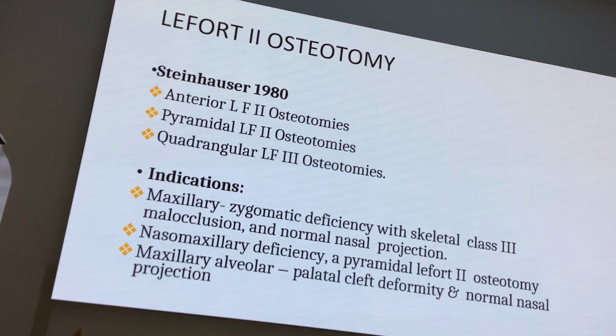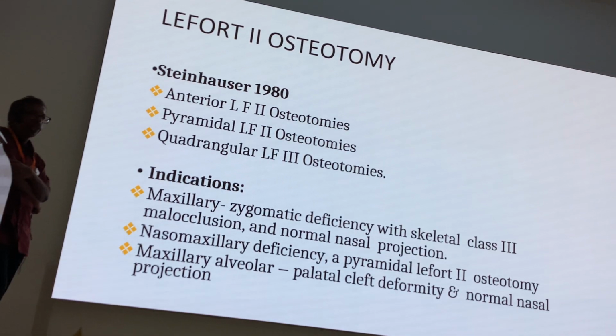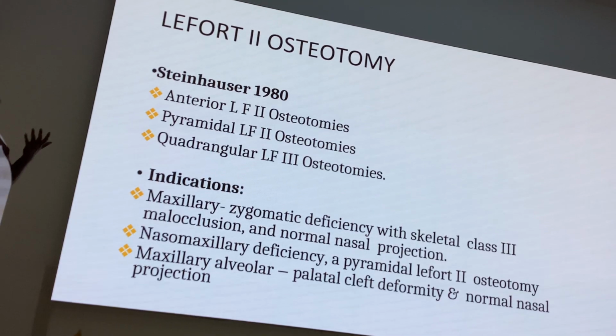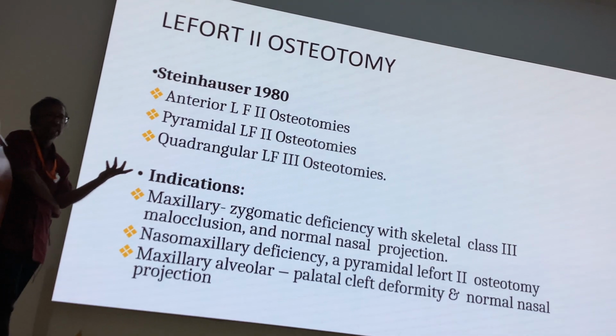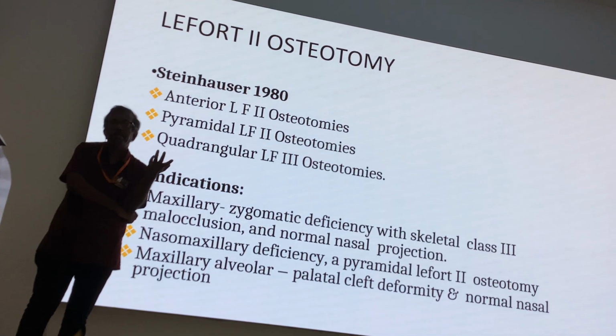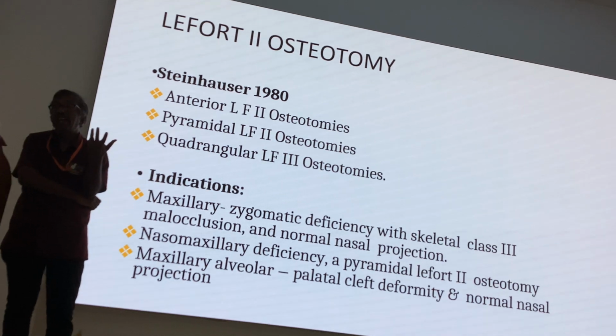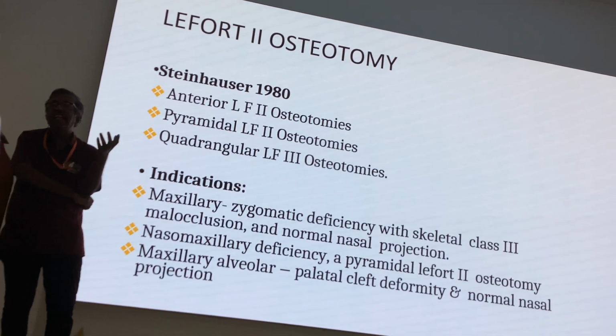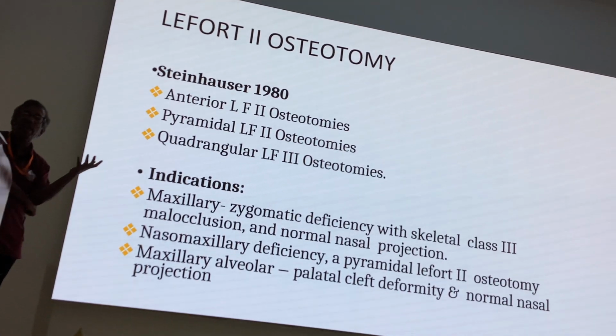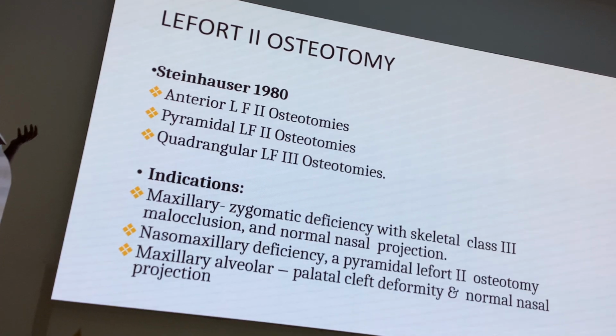So Le Fort 2 osteotomies. See, Le Fort 2 and Le Fort 3, these types of cases you will be doing more. Mostly Le Fort 1; Le Fort 2 and Le Fort 3 will be the syndromic cases.